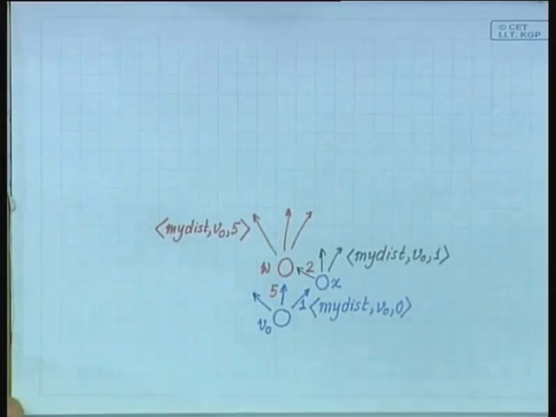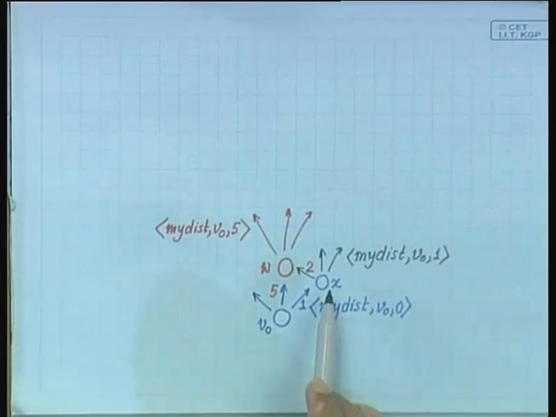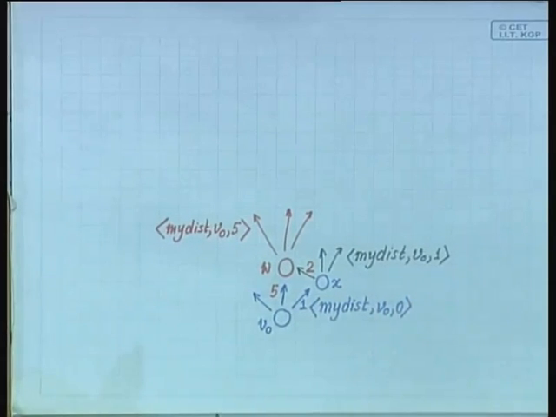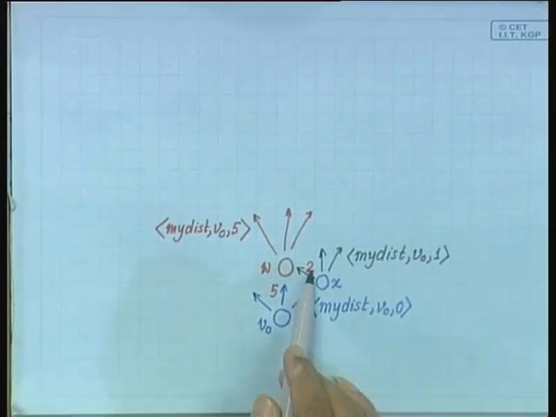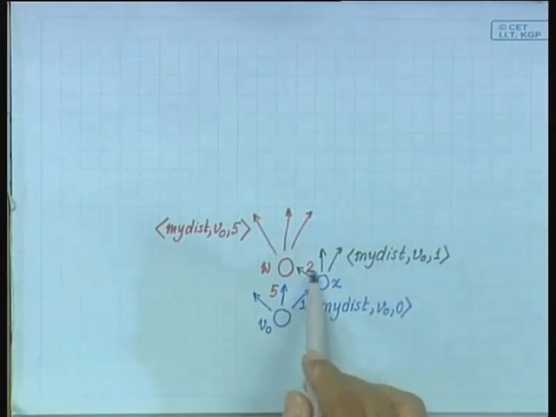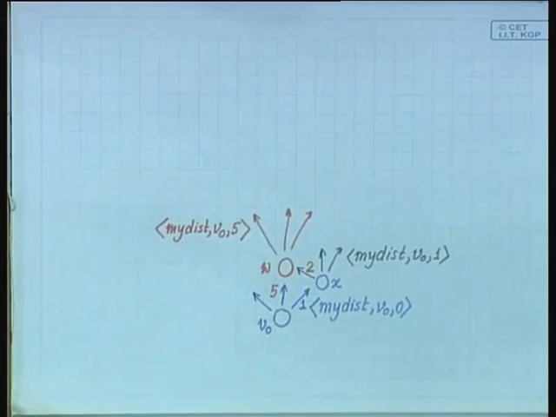Now, what does W see? W sees that through x I have a better path, because x is saying that it can reach V0 in one step, and I can reach x in 2. So, I can reach V0 in 3 instead of the 5 that I previously saw, right.